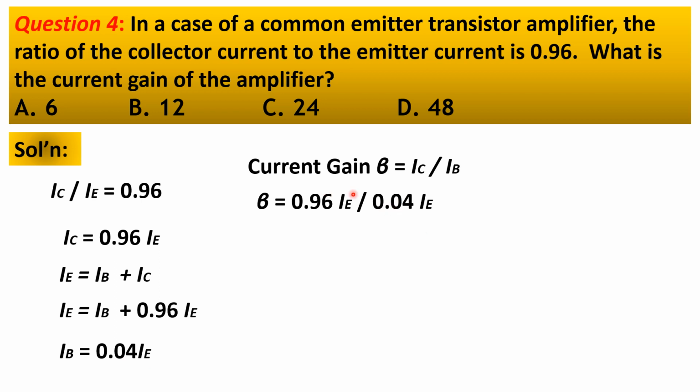That cancels the emitter current IE, and our value for beta, therefore, is equal to 24. So that is the current gain of this amplifier. As expected, beta is much greater than 1.